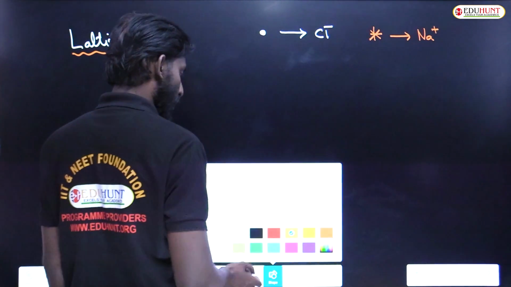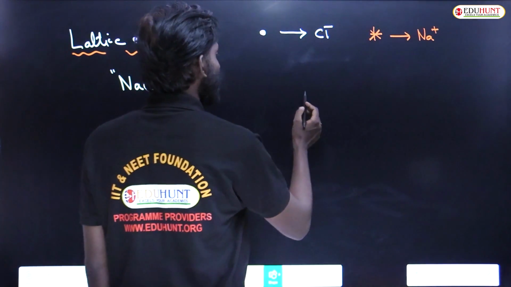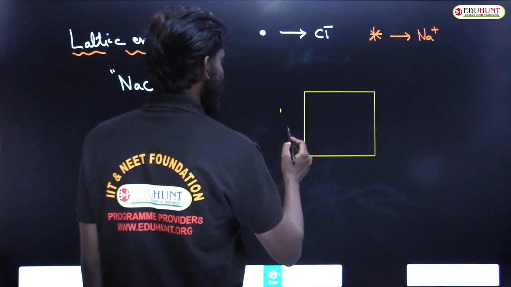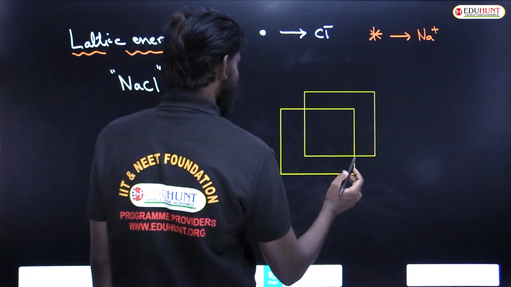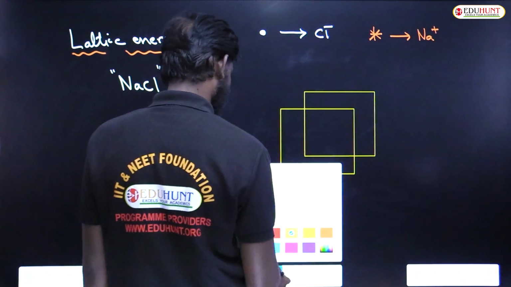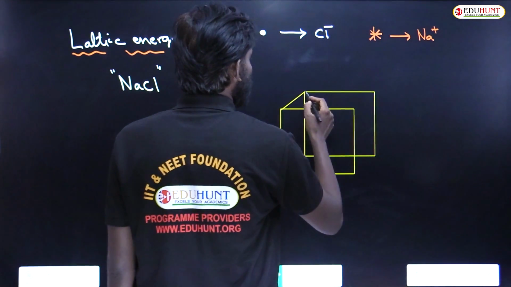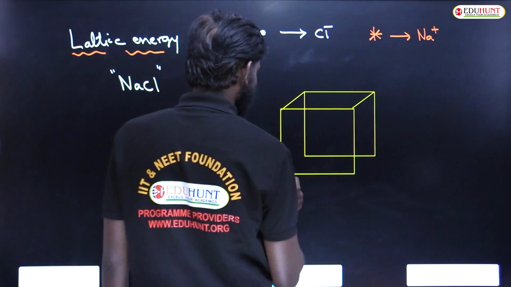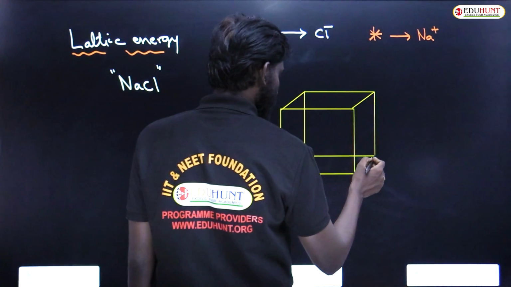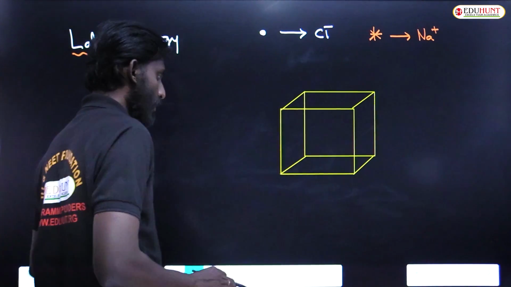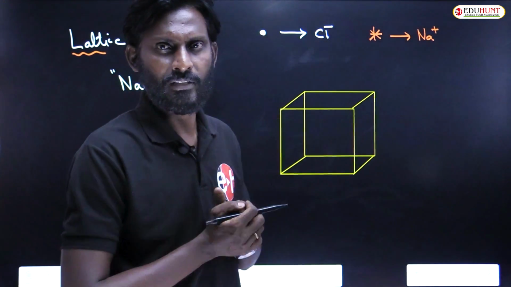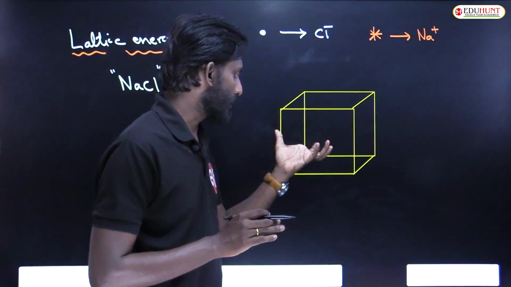First of all, take an imaginary cube. This is a cube, but the terminology says that we are going to call this a unit cell. I'll explain why this is a unit cell; we'll discuss later.